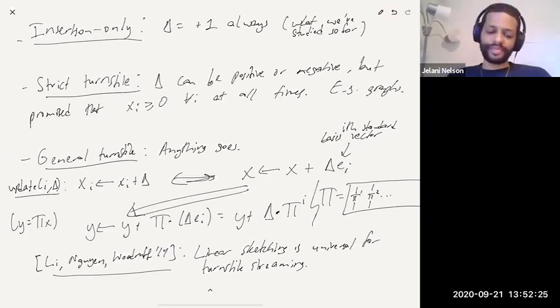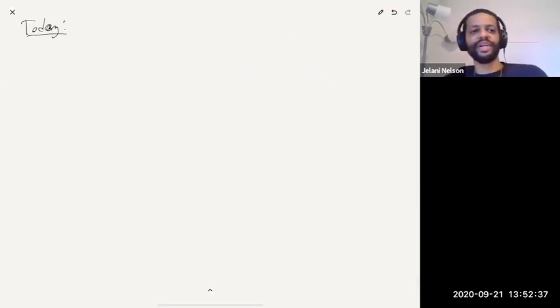Okay, so let's try to make this concrete by actually designing some linear sketching algorithms, and we're going to do it today. We're going to be on the topic of linear sketching for a while because it's a very common technique that's applied all over the place.